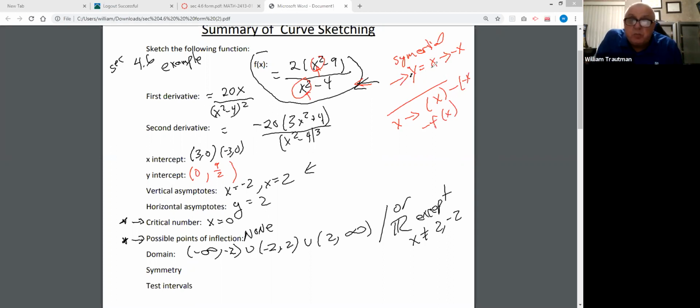So if you replace x with -x and you end up with your same function, then it's symmetrical with the y-axis. If I put a negative in here, I wouldn't get a negative function in front of that. You couldn't factor out a negative because it didn't change these signs. So this function is only symmetrical with the y-axis.